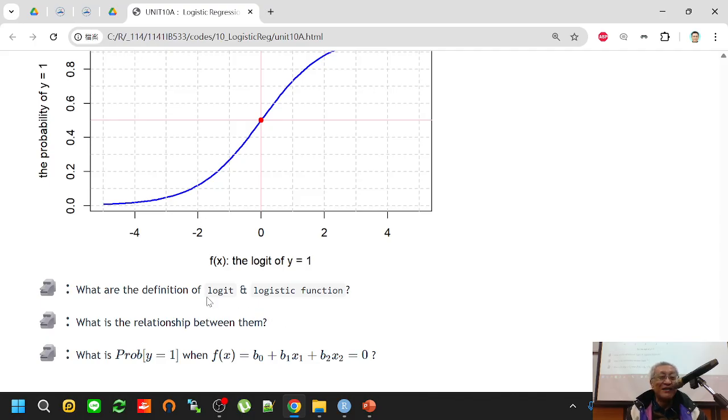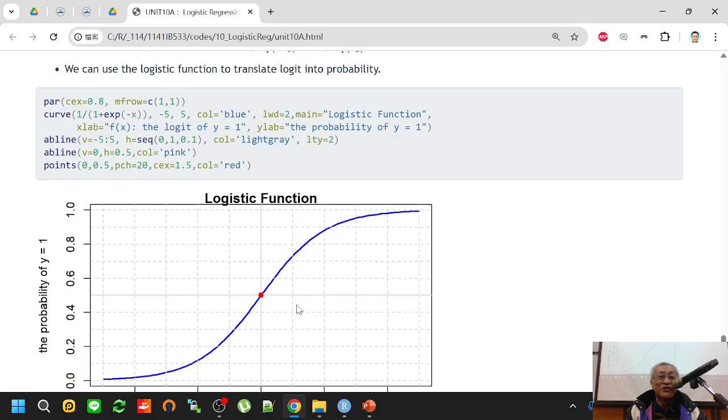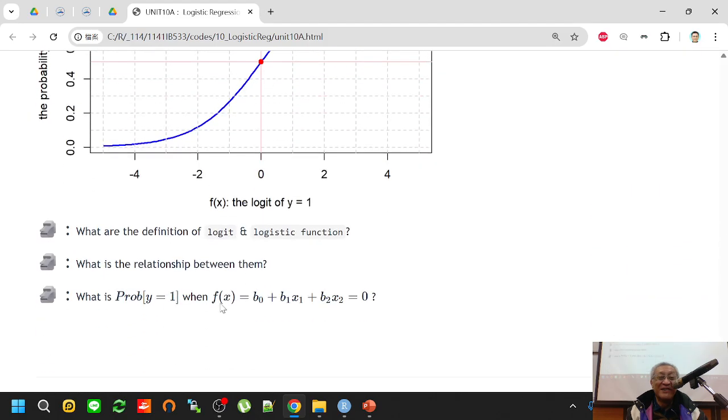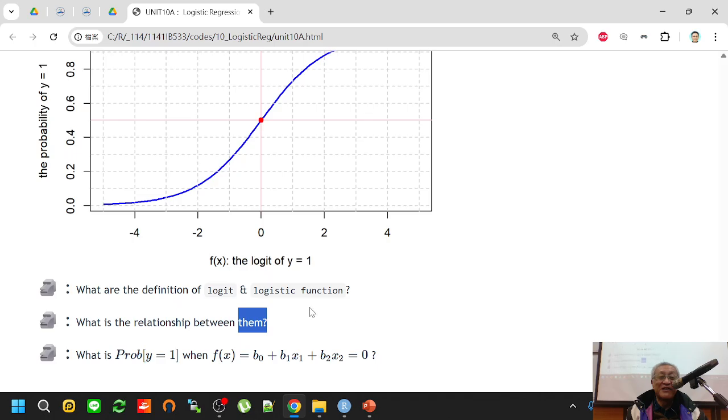So the definition of logit and logistic function is here. And what is the relation between them? It means that with this logistic function, we can transfer logit back to probability.